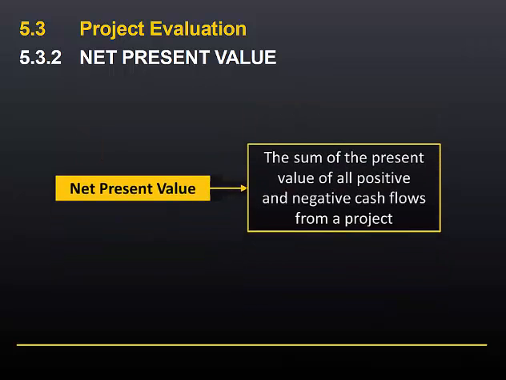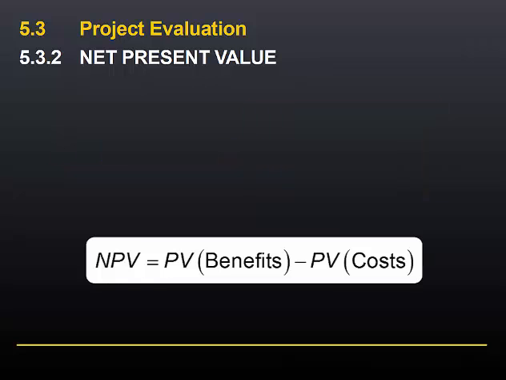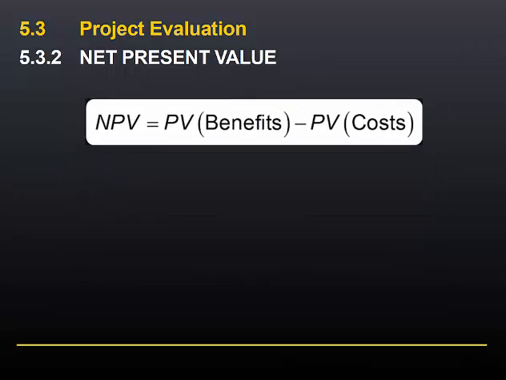Net present value is just adding the present value of all positive and negative cash flows from a project, so that we finish up with the net difference between the two. Since, by definition, positive cash flows are benefits and negative cash flows are costs, we can also say that the NPV of a project is the present value of the benefits minus the present value of the costs.